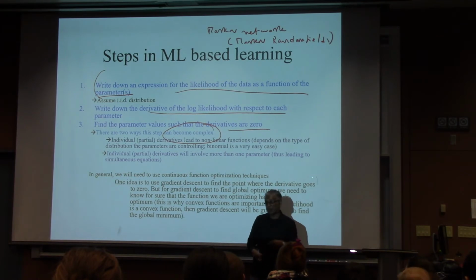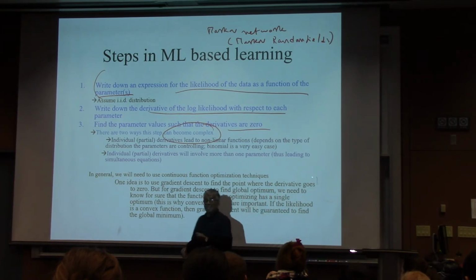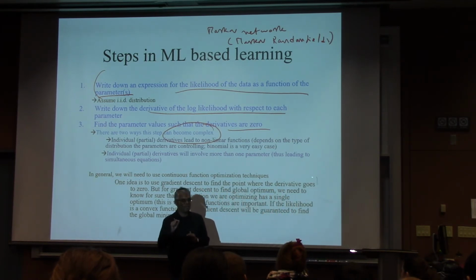Okay, and it turns out that if you go with them, even in the simplest case, where you're given the full network topology and the full data with all the variables, you can't solve the derivatives equal to 0. You see what I'm saying? And so in there, you actually still do gradient descent.